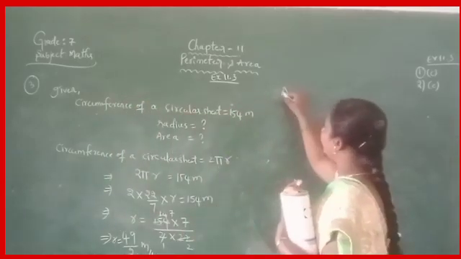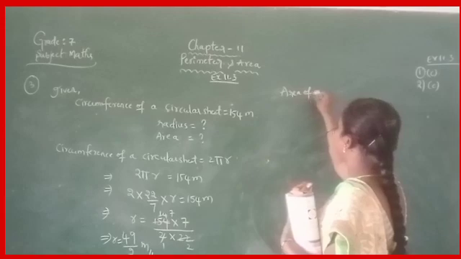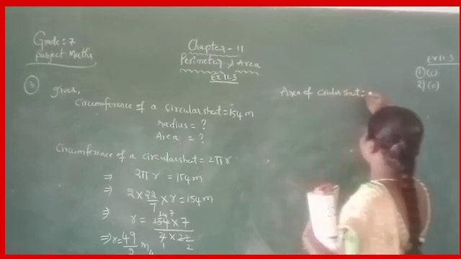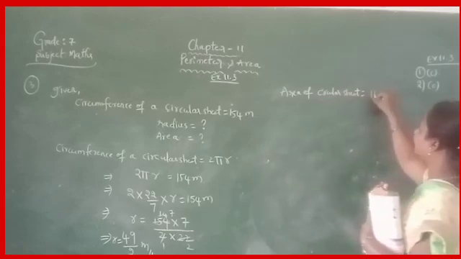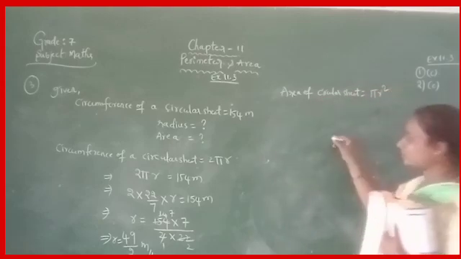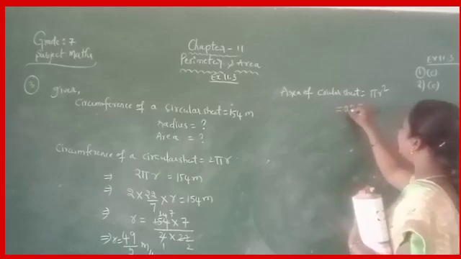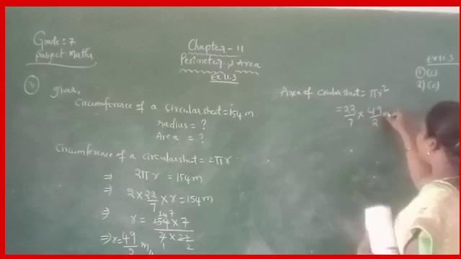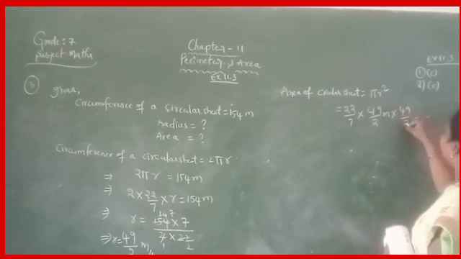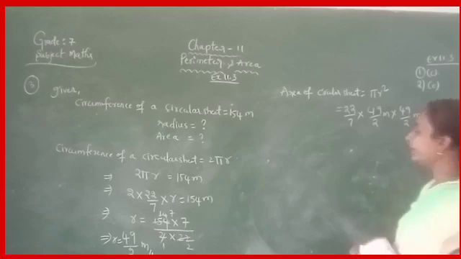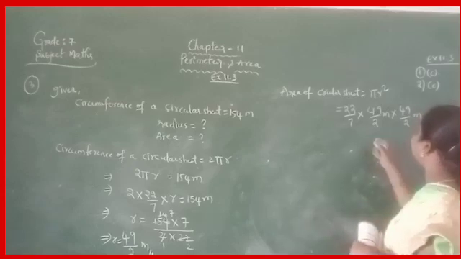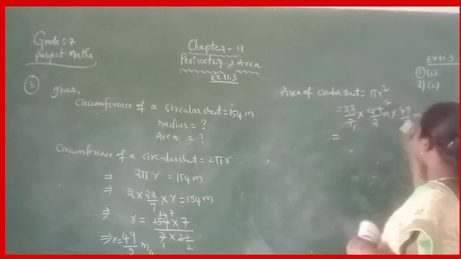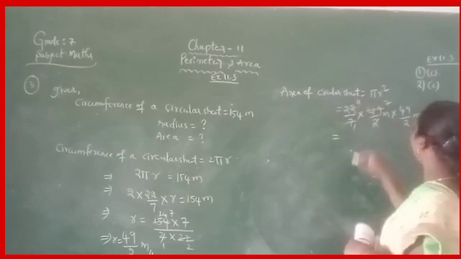Next we have to find the area of the circular sheet. We know that the area of a circle is πr². Now pi is 22 by 7 and radius is 49 by 2 meters into 49 by 2 meters. Again, is there any possibility to simplify? Yes. 7 ones, 7 sevens, 2 ones, 2 elevens.